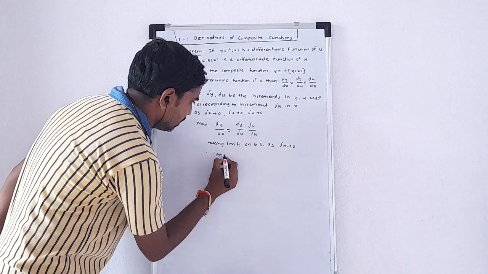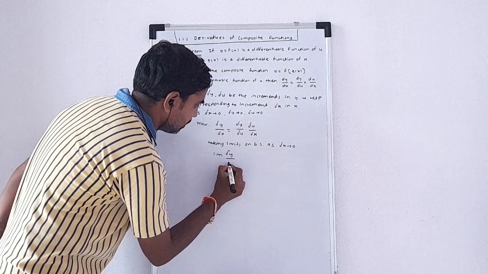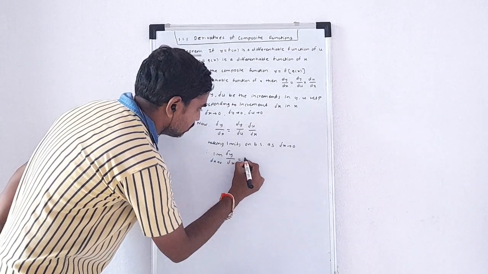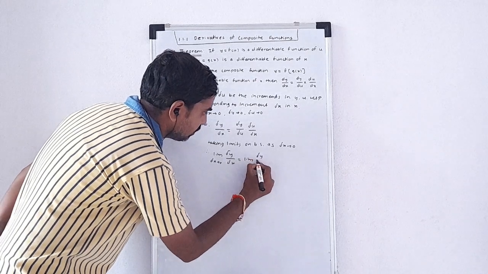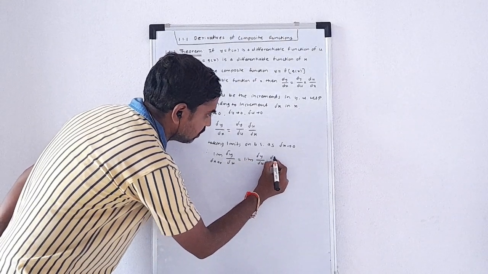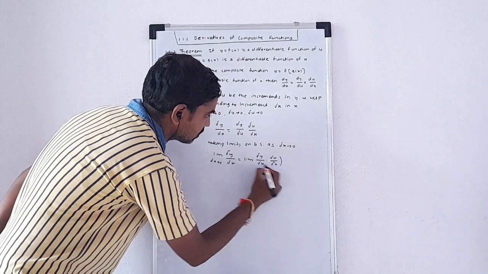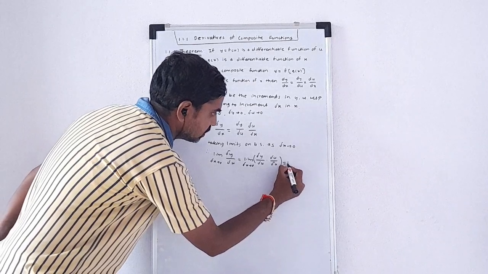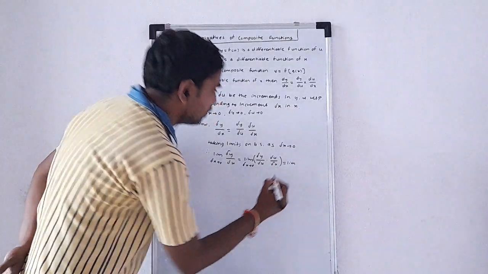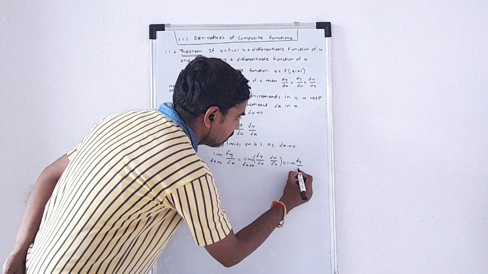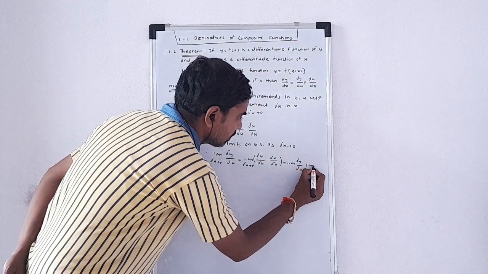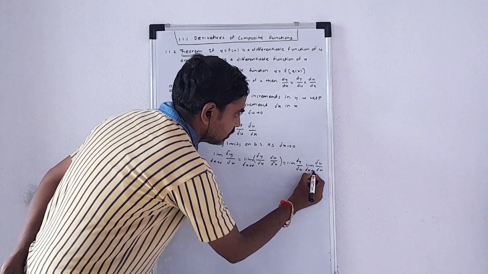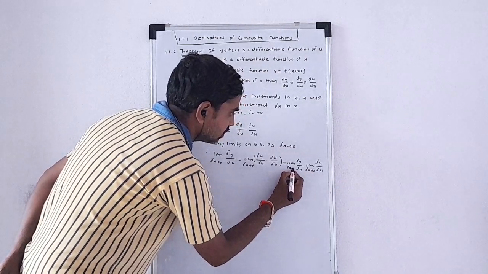Therefore limit of delta y by delta x as delta x tends to 0 is equal to limit of delta y by delta u into delta u by delta x as delta x tends to 0. You can separate the limit for both the terms as limit of delta y by delta u into limit of delta u by delta x. Restriction for limits is delta x tends to 0.